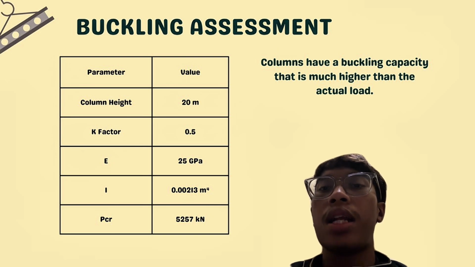Using Euler's buckling equation, the critical buckling load, PCR, was calculated as 5,257 kN. When comparing this value with the actual load acting on the column, the critical buckling load is significantly higher. This indicates that the column has sufficient capacity under the applied load. Therefore, it can be concluded that the column is structurally stable and safe against buckling failure.